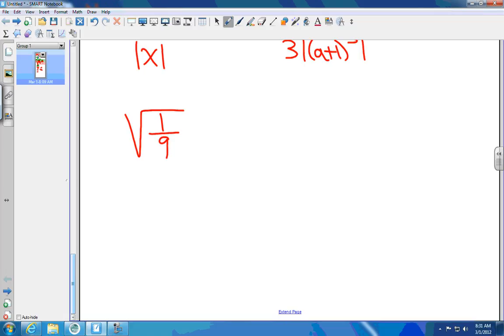We've done radicals with fractions before. What did we do in the first step? Right, split it up. So we do the square root of 1 over the square root of 9. So what is the square root of 1? And the square root of 9? 3. So you end up with just 1/3.